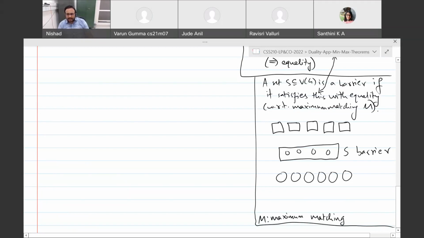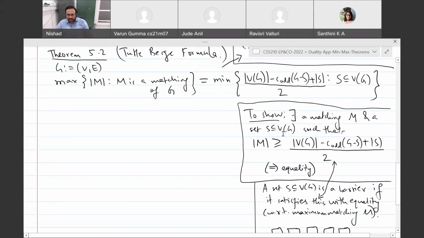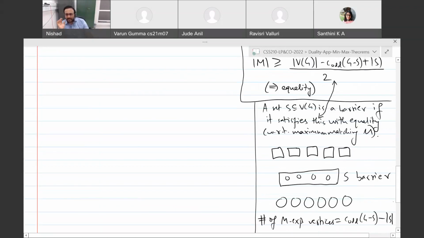So because this is a maximum matching, and because this matching and the barrier satisfy this equation by definition of barrier, it means that the number of M-exposed vertices is exactly equal to the number of odd components minus the cardinality of this set. So in this example, that will be 6 minus 4 equal to 2.